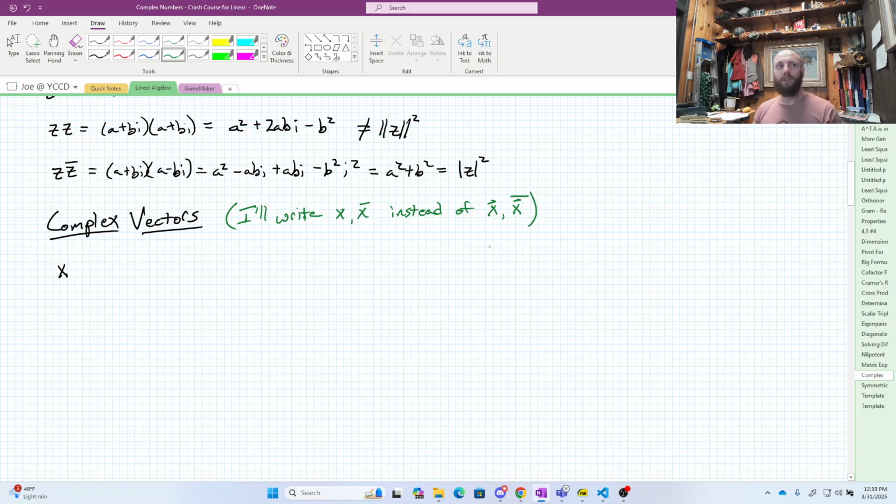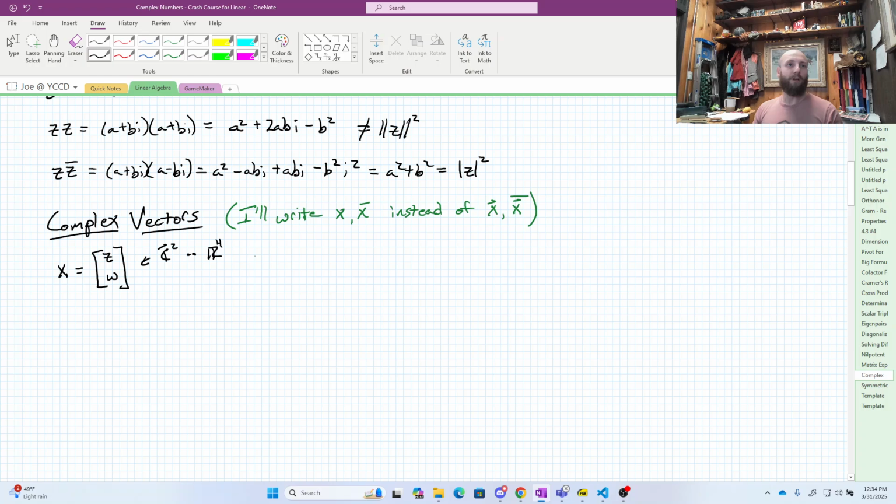So the issue here is I'm thinking about a vector x that's going to be made out of a complex number z and a complex number w. Right, so I'm thinking here this is an entry in C2, which I could also think of as R4. So this is a vector in C2, which I might think of as a vector in R4.